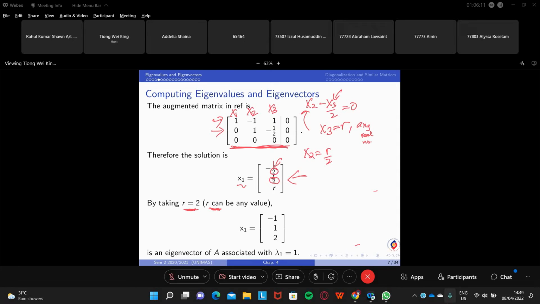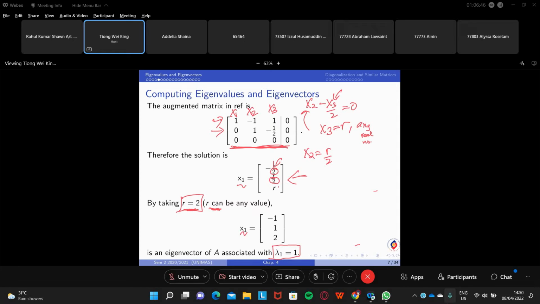We want to get rid of the fraction, because we prefer whole numbers. So we choose r equals 2. Then the eigenvector equals (-1, 1, 2). This is the eigenvector for the eigenvalue lambda 1 equals 1. Now, let's say you insist you don't want to choose r equals 2. That's fine.